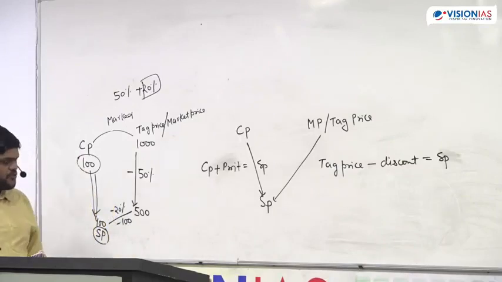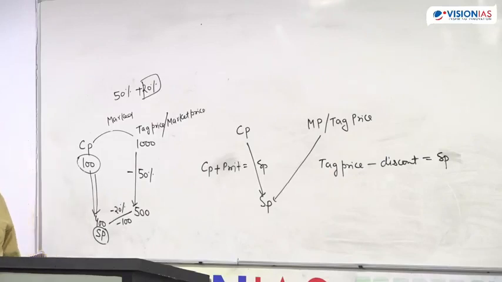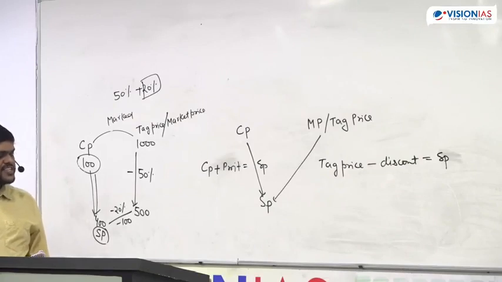CP plus profit is equal to SP, tag price minus discount is equal to SP.